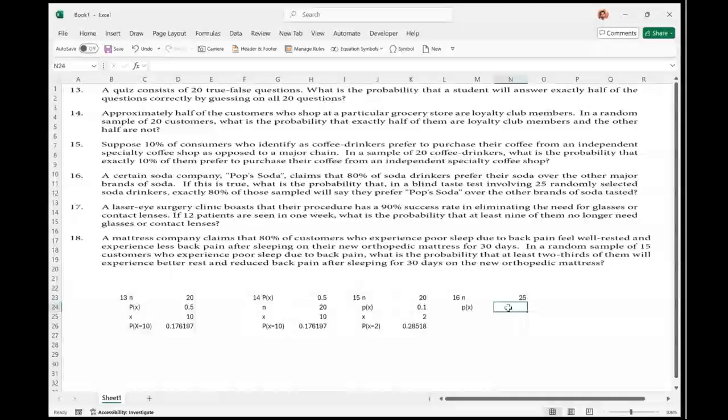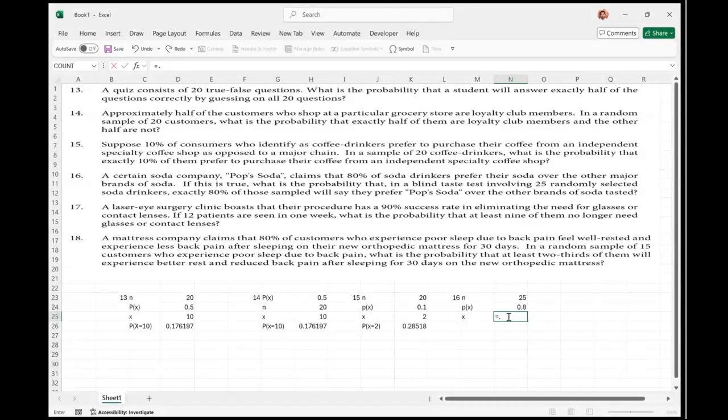Well, let me quickly check. 80% of those sample will say yes. So the probability is also 0.8, and the x value is equal to 80% of 20.